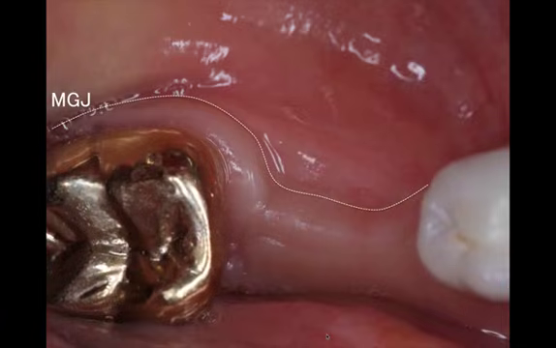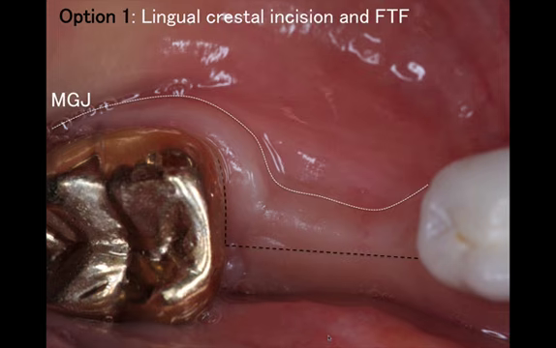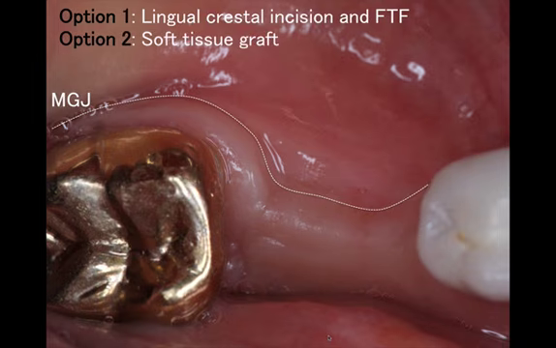If you're looking at this case, you're seeing a deficient ridge where the mucogingival junction is on top of the ridge. So you have a few options. You can either use a lingual crestal incision and then mobilize the tissue to the buccal, gaining some more attached tissue, and place your implant. And option number 2 would also be a soft tissue graft as a preparatory procedure before your implant placement.